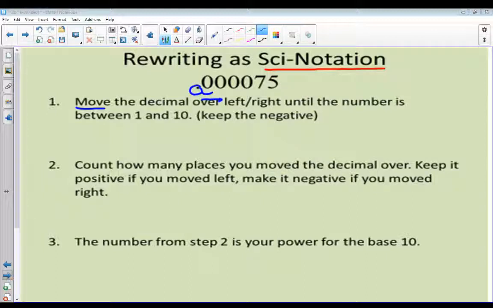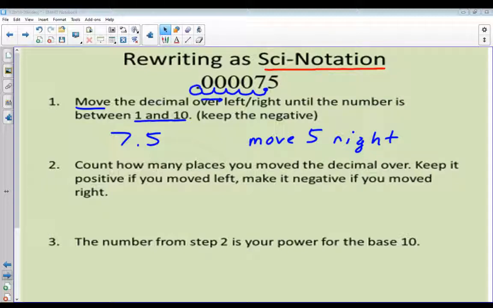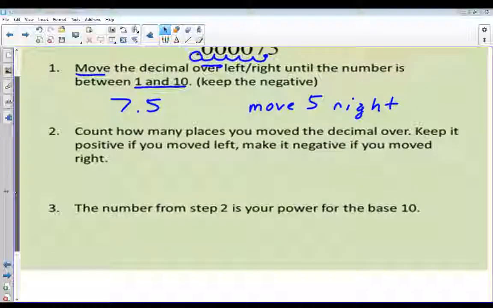So right here, that's 1 movement. We're not there. 2, not there. 3, not there. 4, not there. 5. If you move over 5, that means we get 7.5, which is definitely between 1 and 10. And then we're just going to write that we moved 5 spaces to the right. Okay, so that's step 1.